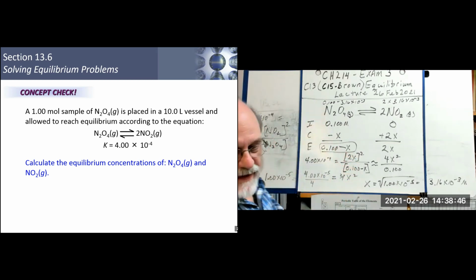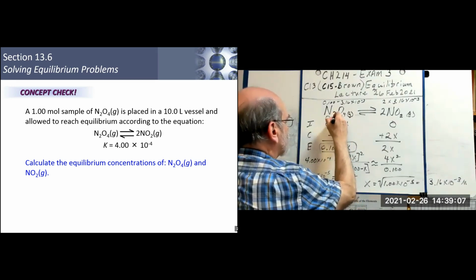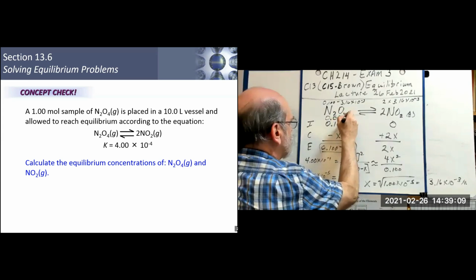So we need to do that calculation. Let's see, 0.1 subtract 3.16 exponent minus 3. So that's 0.0968.